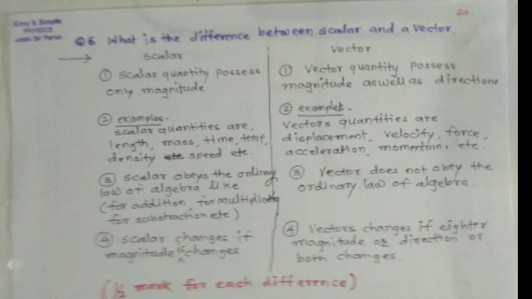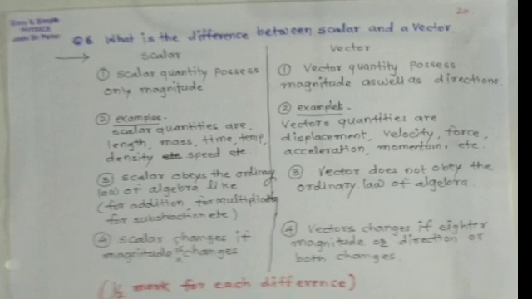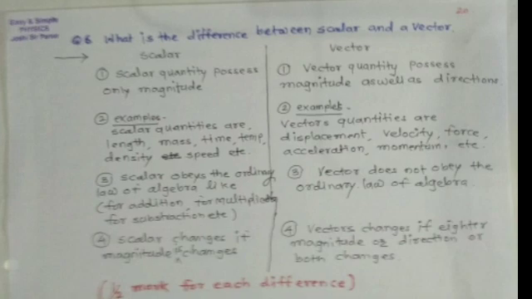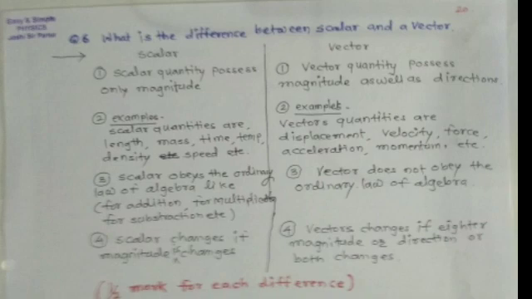Second difference is examples. Examples of scalar are length, mass, time, temperature, density, speed, etc. Examples of vector are displacement, velocity, force, acceleration, momentum.